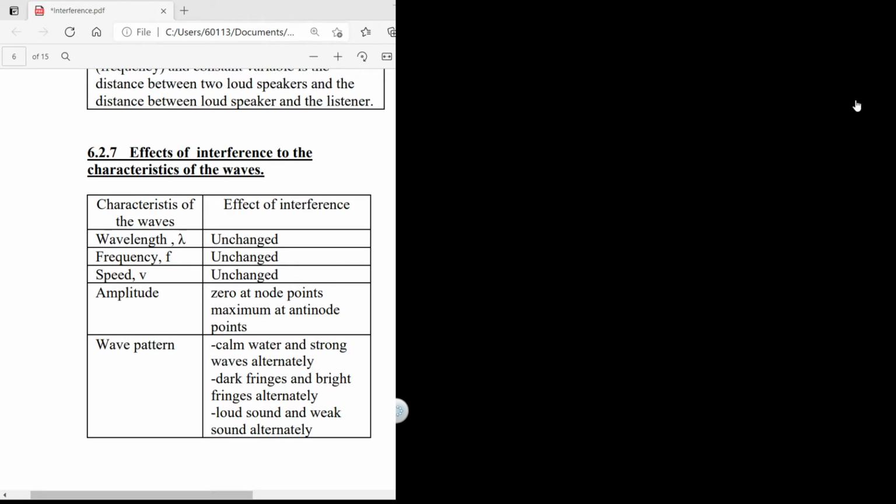So for sound waves, it is not hard to detect the interference produced by the sound wave, since the wavelength is quite large. So let's say we have two speakers or any other sources of sound.